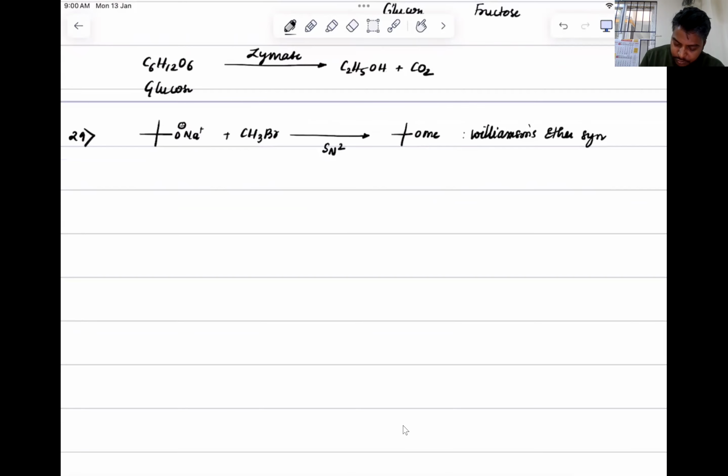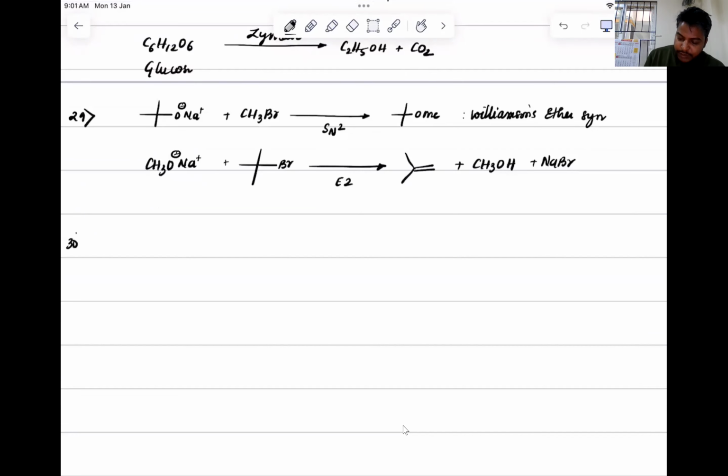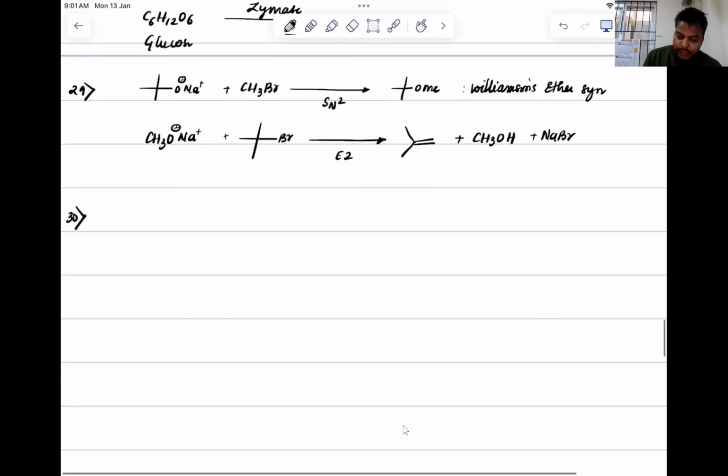While the reverse, if you have CH3O minus Na plus and you treat that with tert butyl bromide, then it will go via E2 mechanism to convert into alkene plus CH3OH plus NaBr. So remember the difference and what the ether synthesis is there.